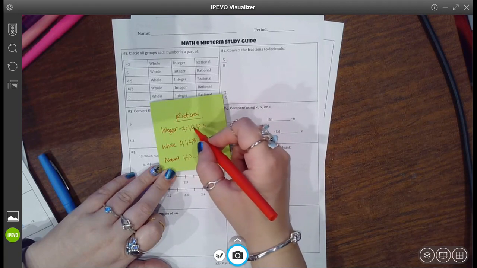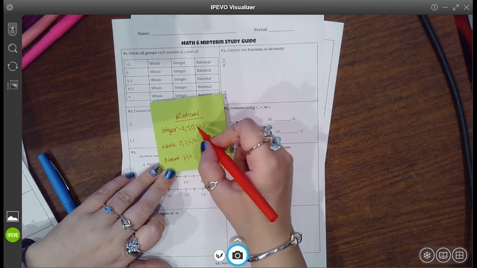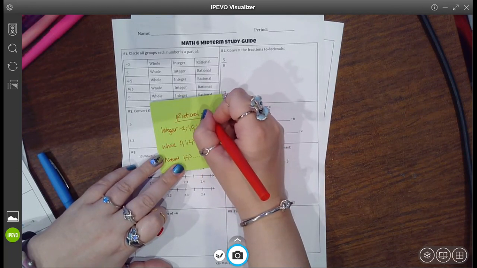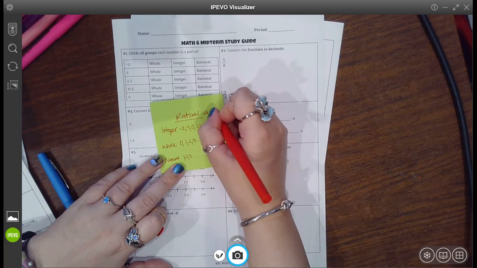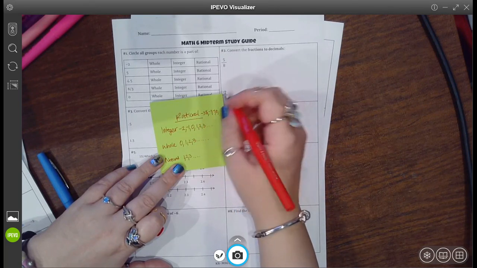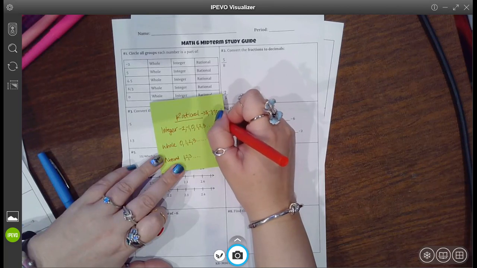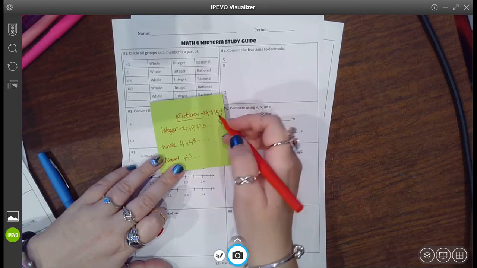So it includes all of the fractions and decimals within here. Remember, it's the positive fractions as well, so like 0.3 or 1/2 and 1, etc.